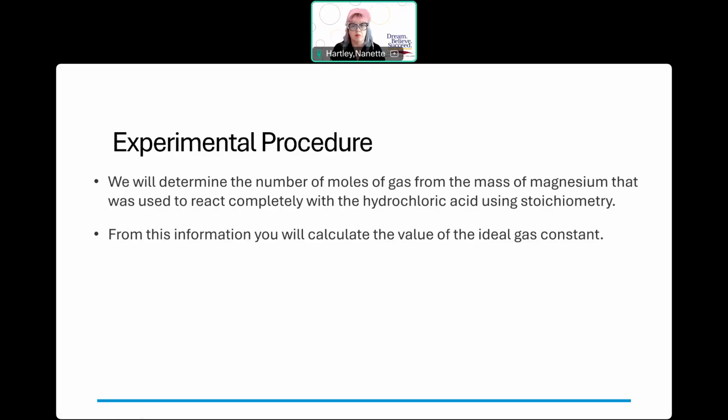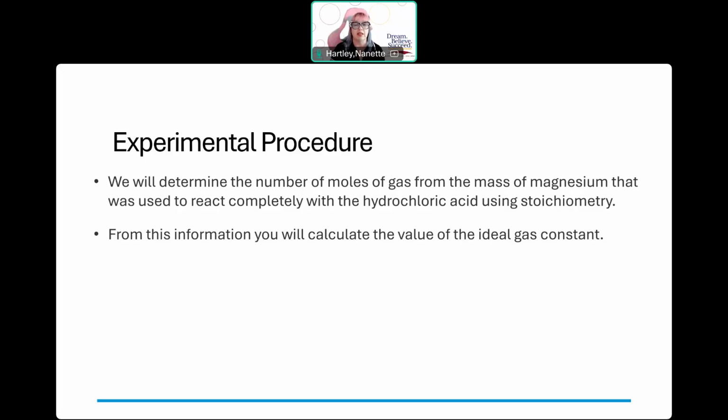We will determine the number of moles of gas from the mass of magnesium that was used to react completely with the hydrochloric acid using stoichiometry. From this information, you'll calculate the value of the ideal gas constant. So what we're doing here, we talked about limiting reagent, right? The limiting reagent is the one that we have less of, and that can be used to help us determine what happens, because all of that is going to get used up. So the way that we can do this in the laboratory is to force one of those things to be the limiting reagent.